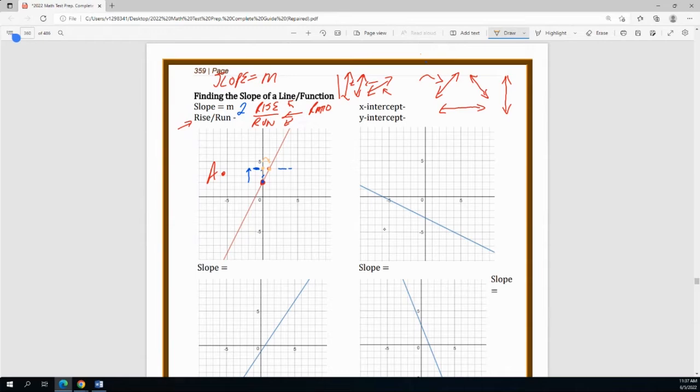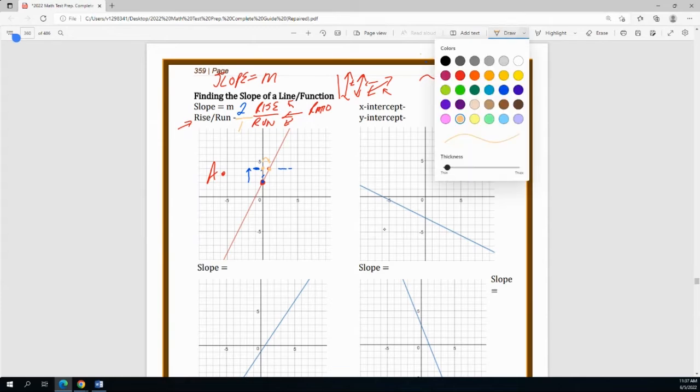That's called my run. I had to run to the right 1 unit. So my rise is 2, and my run was 1. This is called slope. 2, 1. 2, 1 indicates the pattern that it takes for me to hit the next dot.